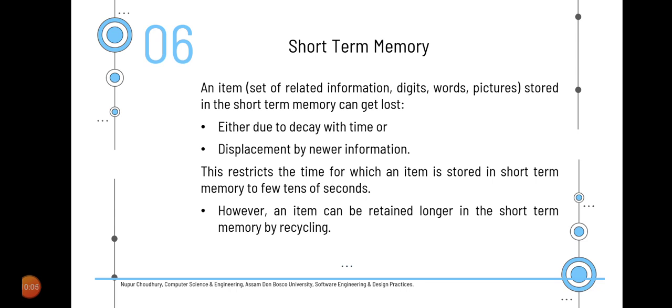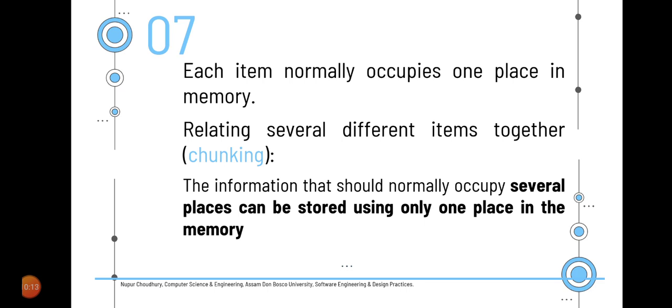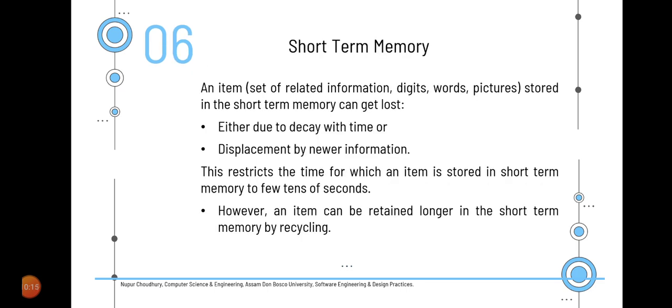But someone can remember it longer by recycling the memory. What do you mean by recycling the short-term memory? For example, you went to the market and wanted to buy a few things, and you can keep on recollecting it again and again.